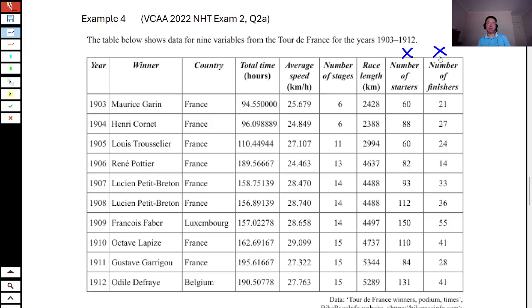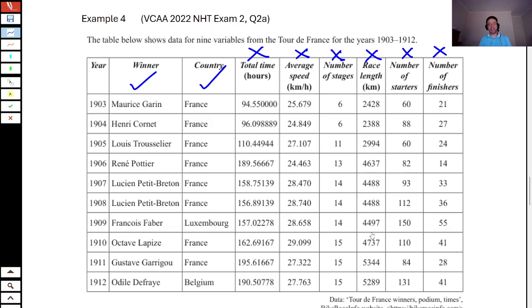Those are clearly numerical. They're counts. Race length, that's a measurement of distance. That's also numerical. Number of stages, that's a count. It's a numerical variable. Average speed, that's a ratio or a measurement again. Numerical. Total time, that's a measurement. That's numerical. Country, yes, that's a categorical variable. Winner, that's a categorical variable. Those are just names. If you've got a name, it's categorical.